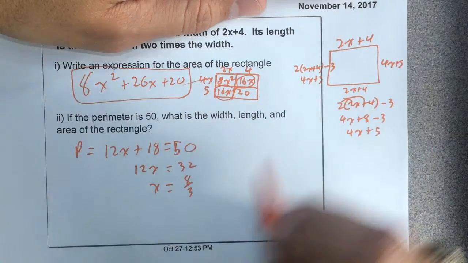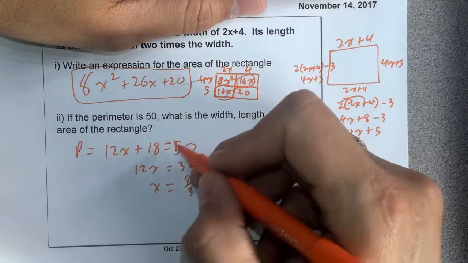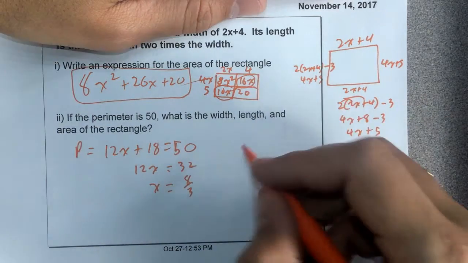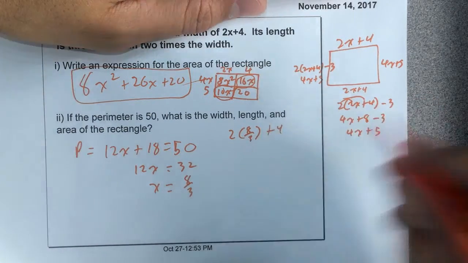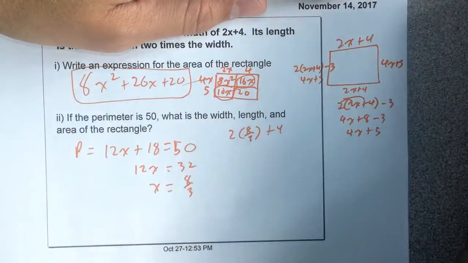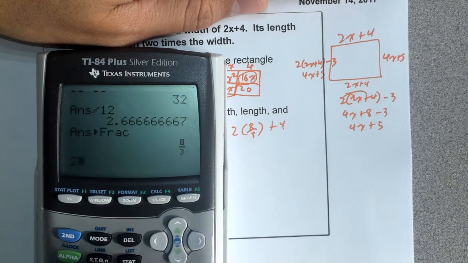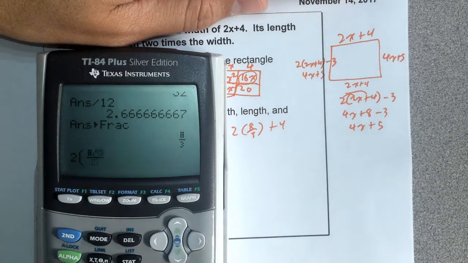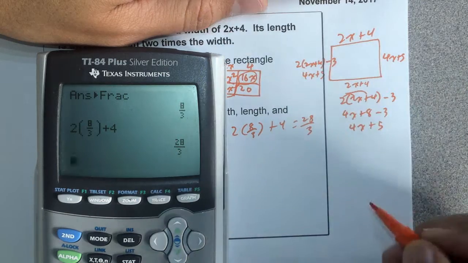Alright, now we're going to have to plug these back in. Here's my width equation up here. For 2x, I put 8 over 3 in here plus 4. This is my width. I'm going to go ahead and use the calculator because I don't want to do that math. So I'm going to do 2 times, parentheses, 8 over 3, close those parentheses, plus 4, and that's going to get us 28 over 3.